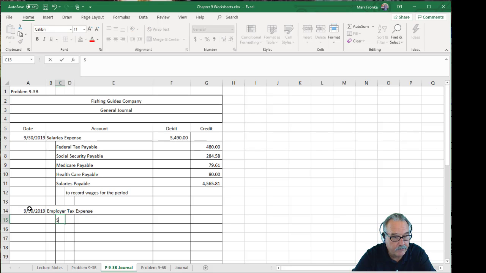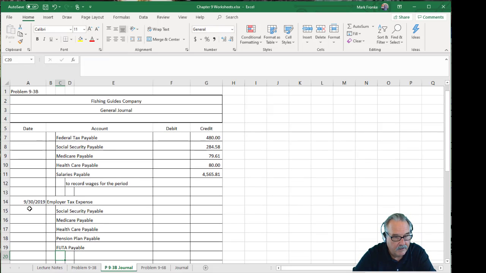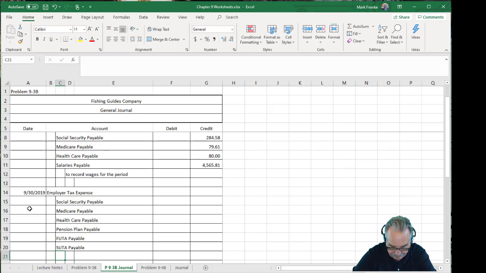And we've got Social Security payable, Medicare payable, healthcare payable, pension plan payable, FUTA payable, and SUTA payable. So those are federal and state unemployment tax. And this is to accrue employer taxes.